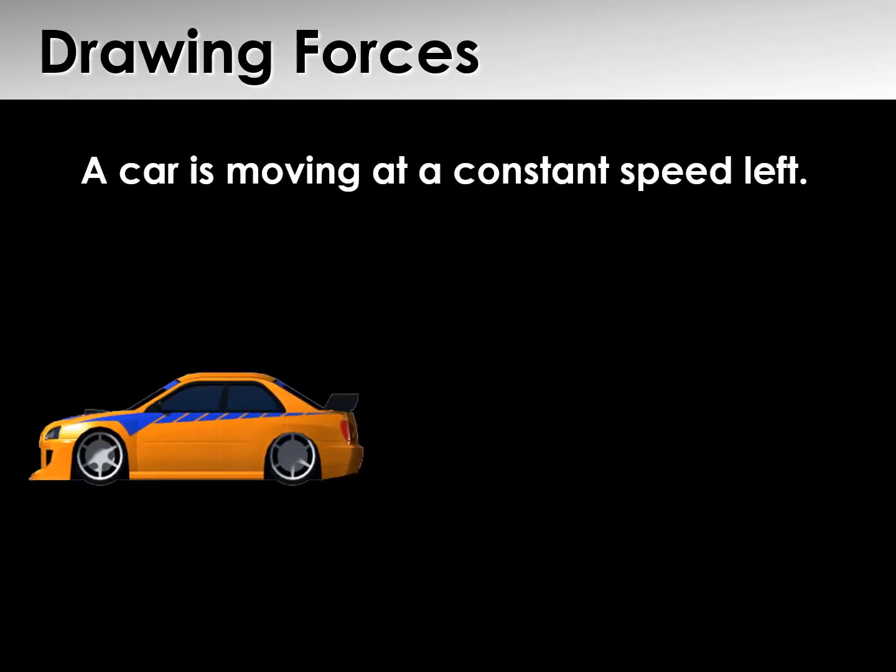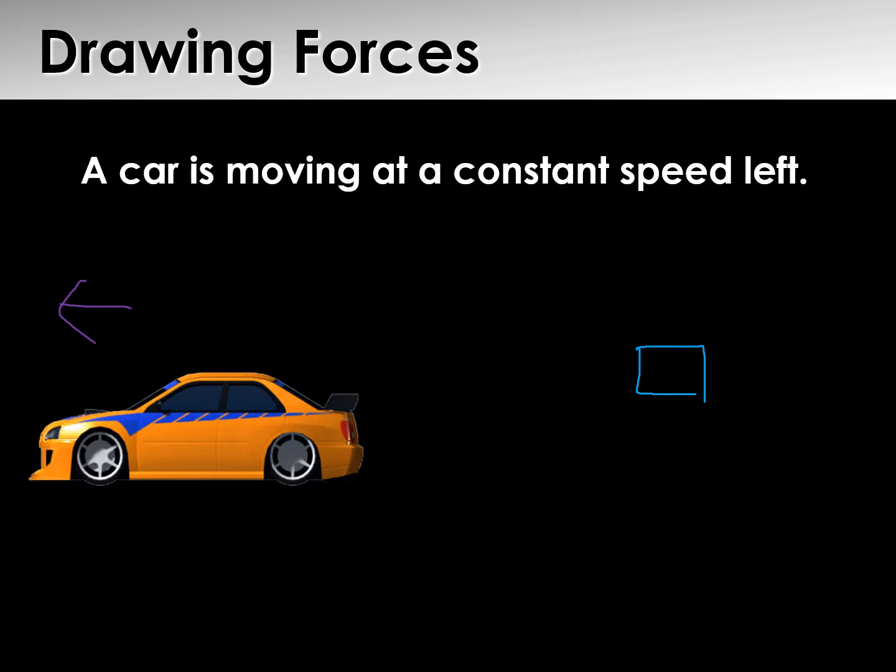Now let's see this other example. You have a car that is moving at a constant speed towards or to the left. Free body diagram. First thing, you draw a square.